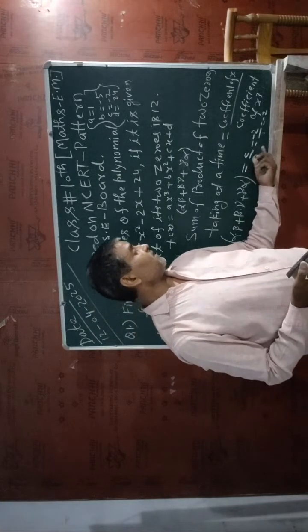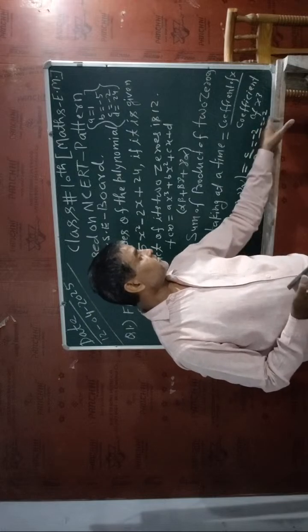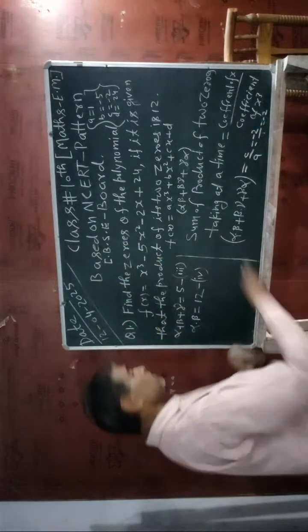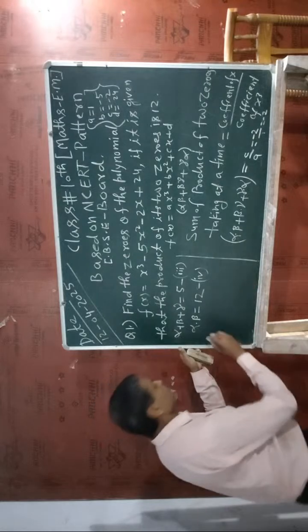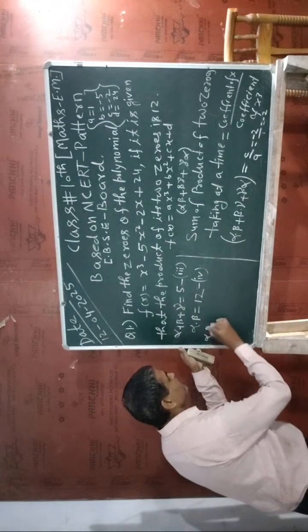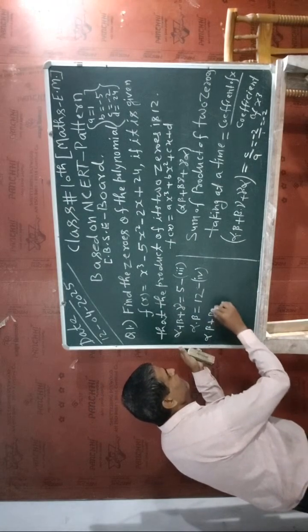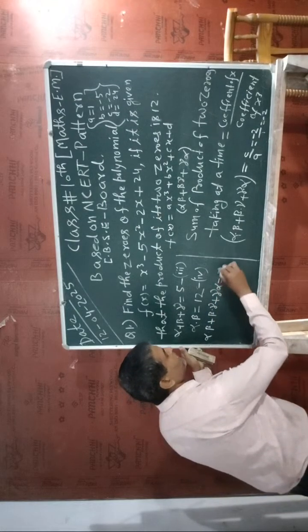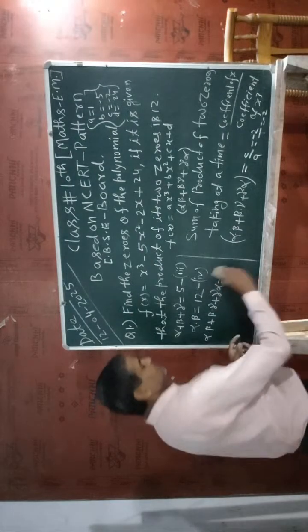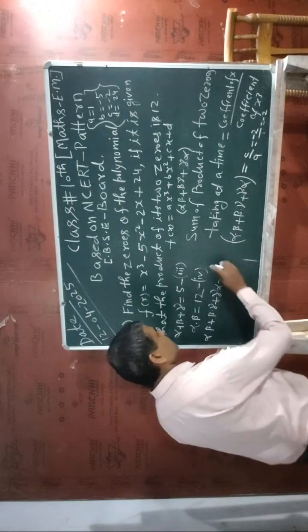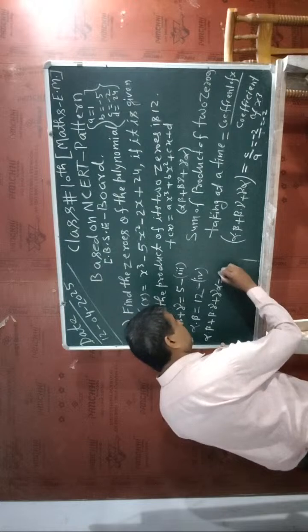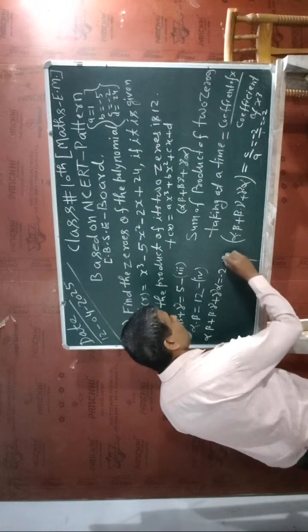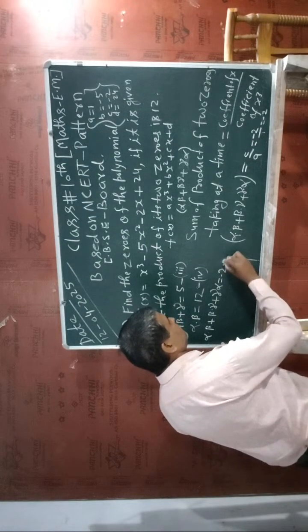So alpha into beta plus beta into gamma plus gamma into alpha is equal to -2. This is equation number 5.